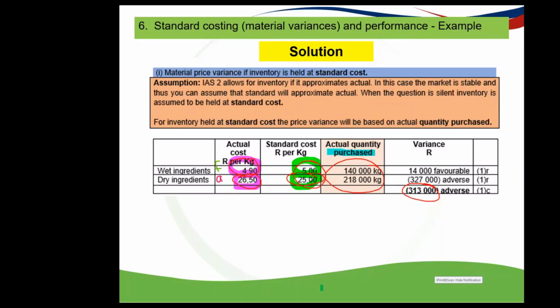Thank you. Okay, so whenever there is, for example, a rand amount, you must always keep the cents to the nearest cent. So that's 2 decimals. Then in terms of quantity, in this case, we've given you the quantity, so there wouldn't be a difference there. But let's say, for argument's sake, in a later calculation, especially maybe with the mix and the yield, there will be some rounding differences.